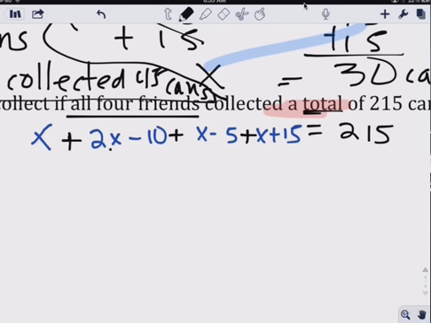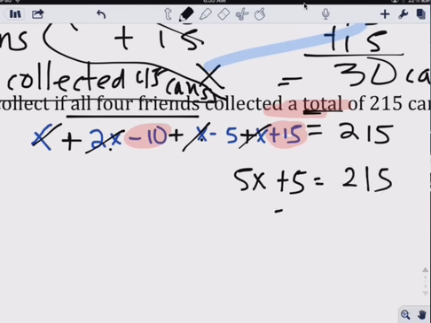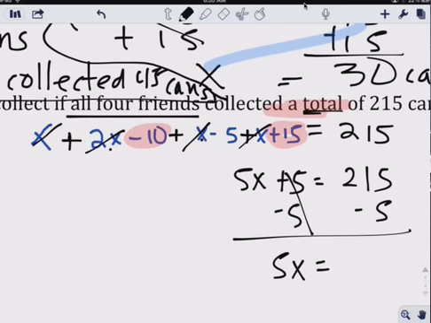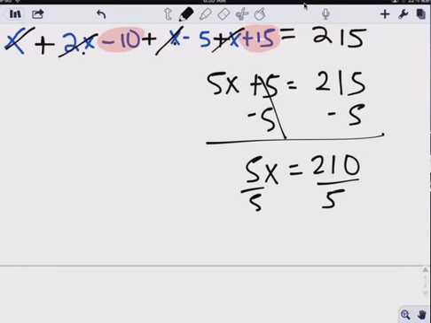So that's 3, 4, 5x all together. And these two are alike. Combine them, we get, I'm going to write it closer, 5x plus 5 equals 215. Minus 5, minus 5. 5x equals 210. Divide by 5. Divide by 5 is 41, but just to make sure, we use a calculator.